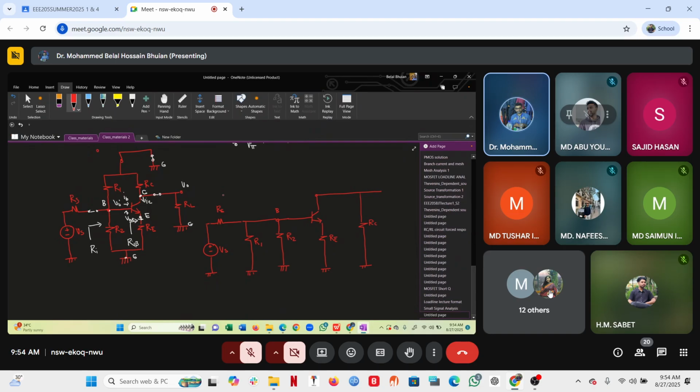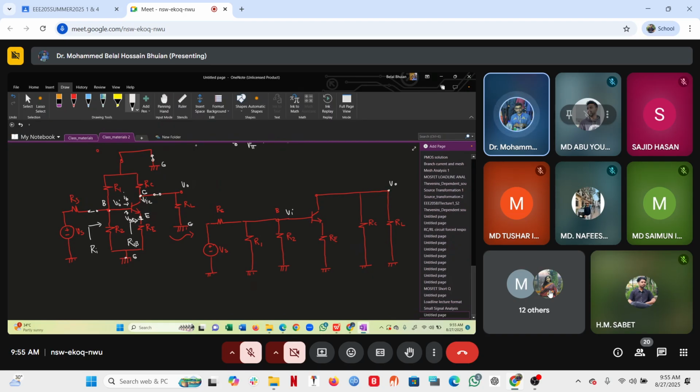It goes to RL. Now, from C to ground is RC, and C to ground is RL. So that means RC and RL are connected in parallel. So that is the simplified diagram of the amplifier. This point is our VI, and this is our V naught.